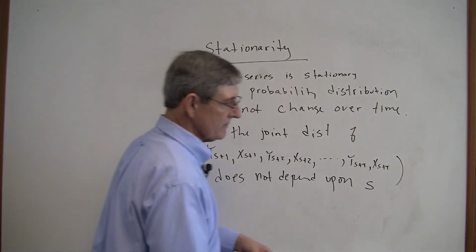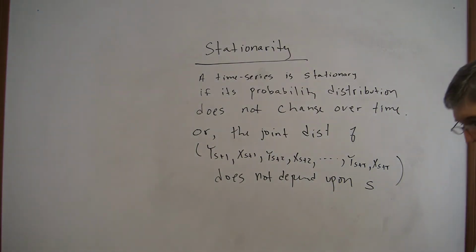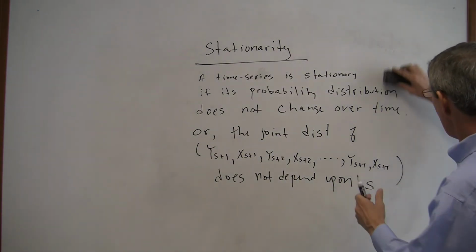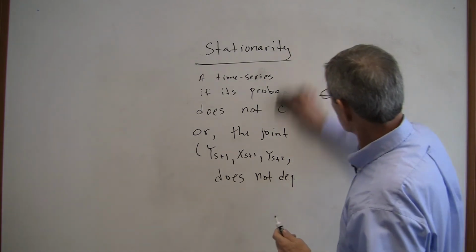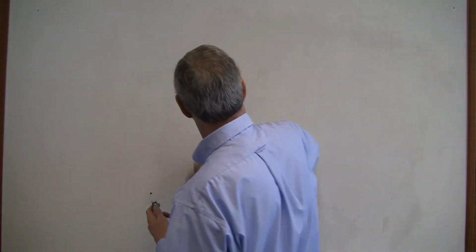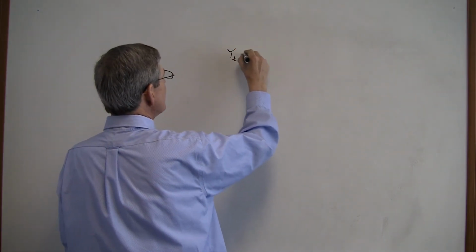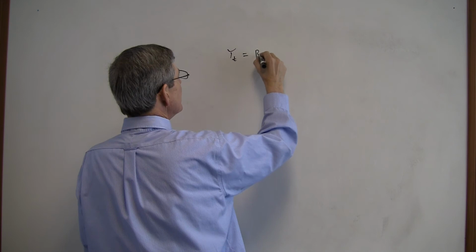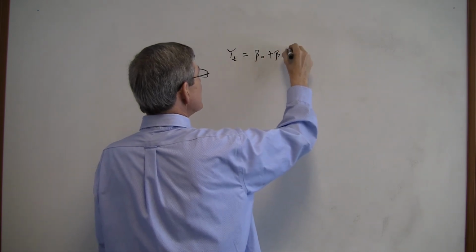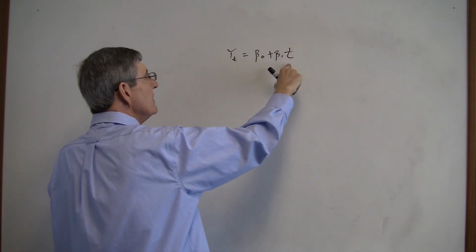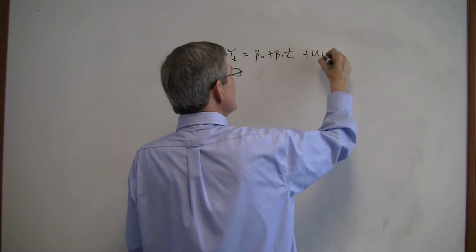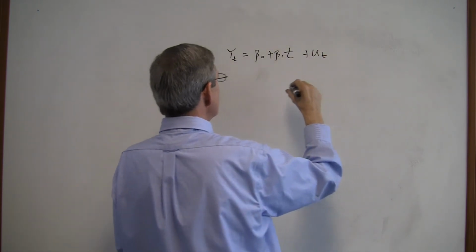And maybe if you have something like, I'll talk about this a little more later, y_t equals beta 0 plus beta 1 t, where t is the actual time, plus u_t, where this is normally distributed.